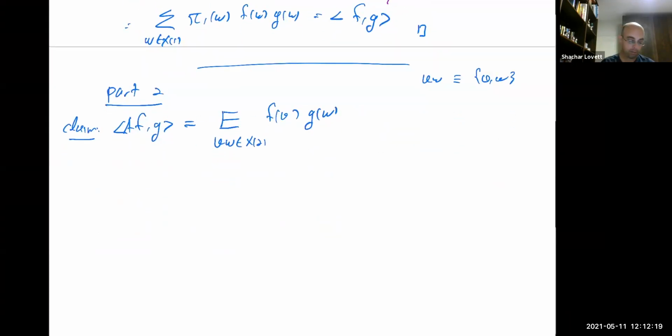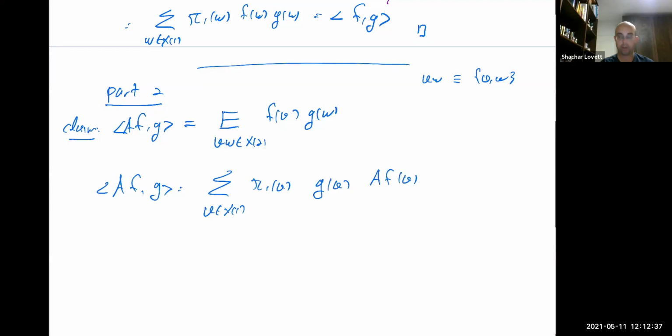So again, we're just going to expand the expression here, AF comma G. Well, we're going to sum over all nodes V in X1, the probability of V, and we're going to get GV AF V. And if you remember, we said, what is AFV? How does A act on the right? On functions, it acts by an averaging operator.